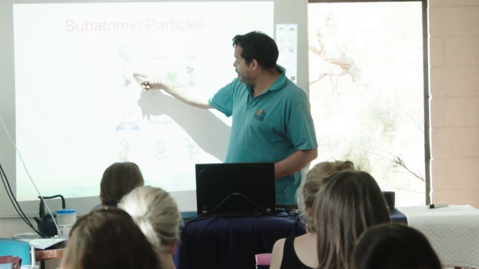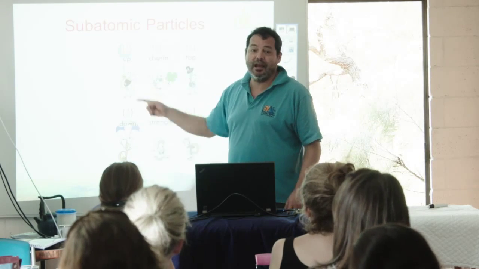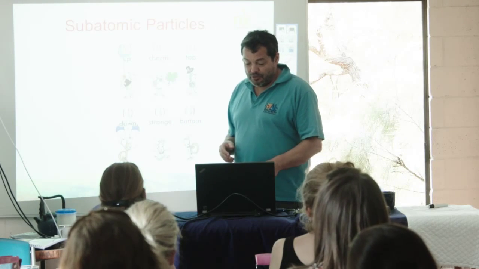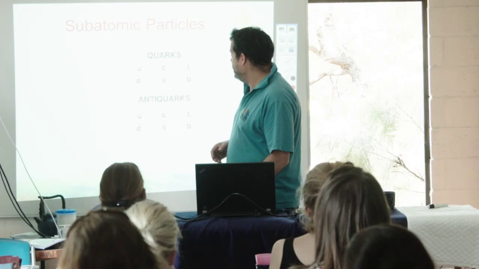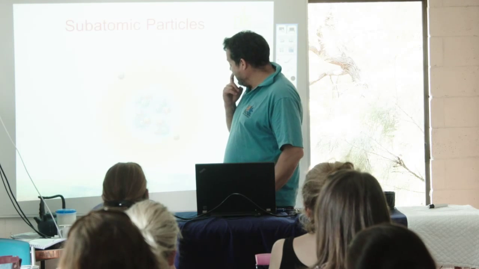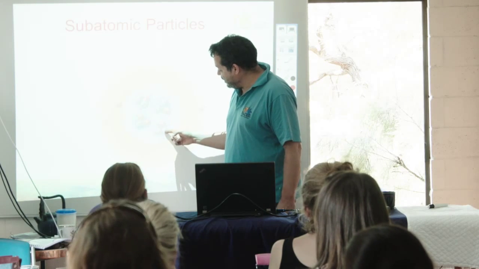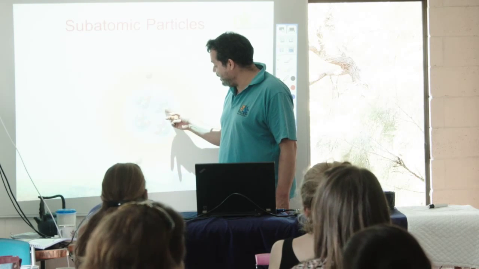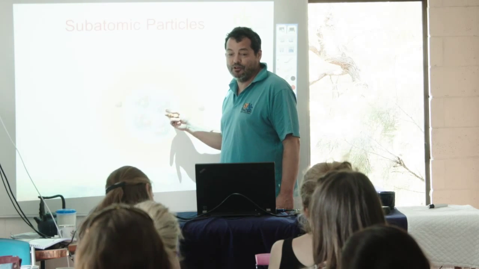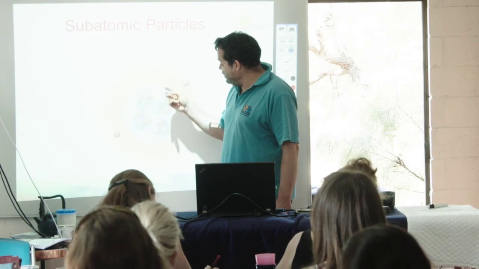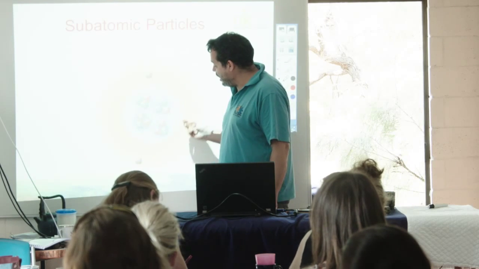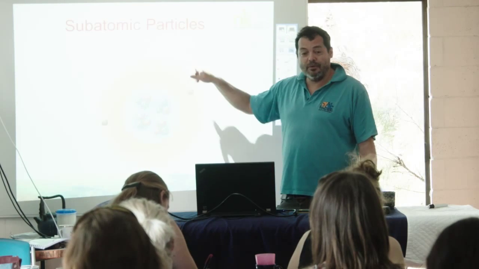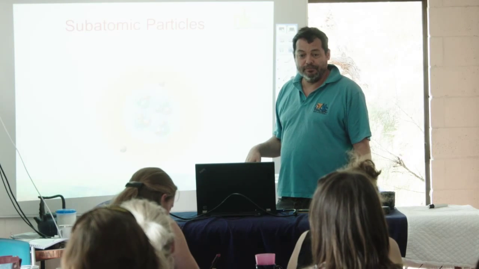And if you've got 2 ups and 1 down, it's going to have a charge of plus 1. So 2 ups and a down, that's a plus 1, so that's a proton. 2 downs and an up, that's a neutral charge, that's a neutron. And then the electrons have a minus 1 charge, so basically they spin around with the electromagnetic force.